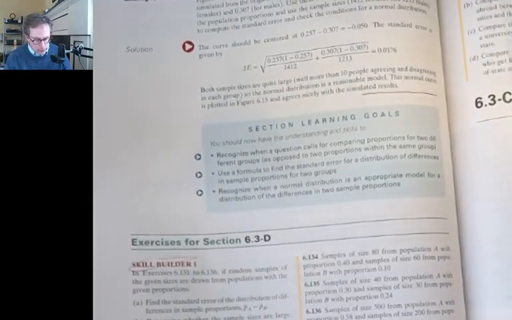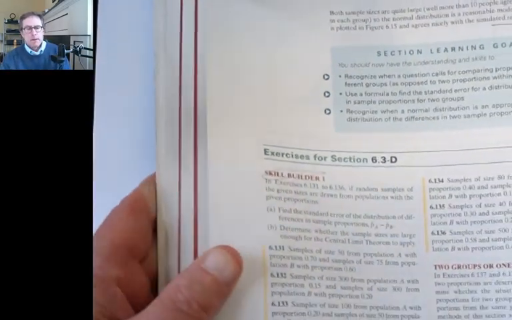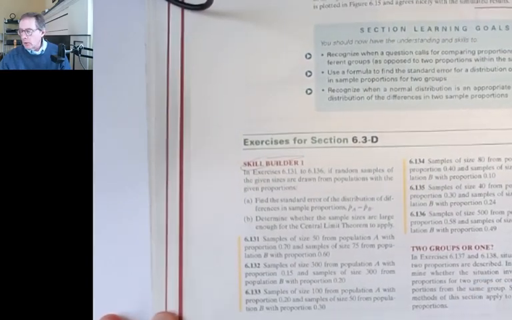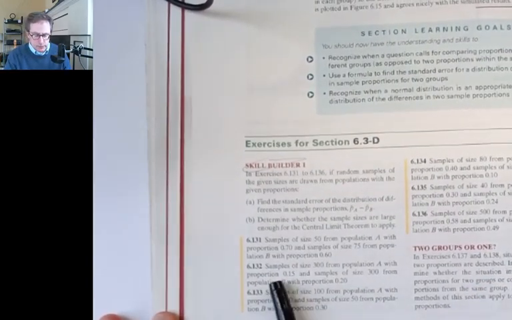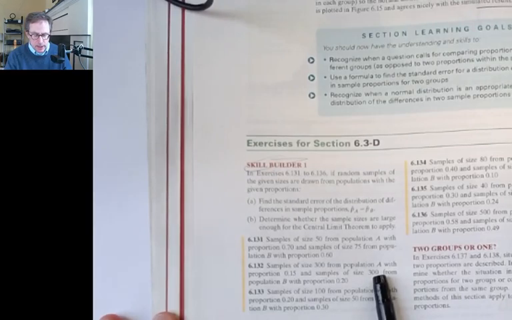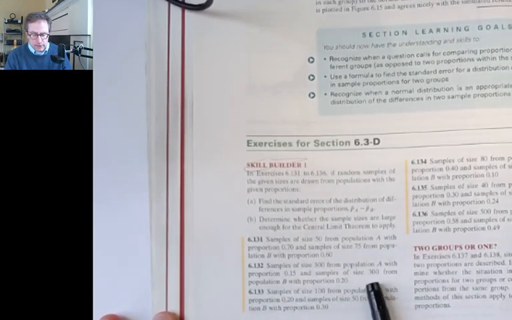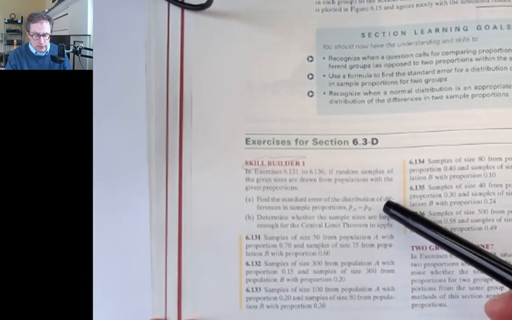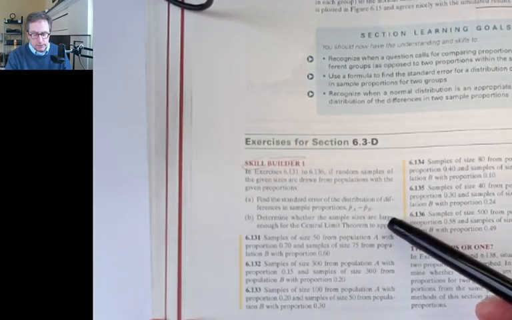What is it? 132 it says. I know it's hard to read on this camera. Can't get the camera to focus quite right, but it's not awful either. So 132 says, samples of size 300 from a population A with proportion 0.15, and samples of size 300 from a population B with proportion 0.20, and they want me to find the standard error and determine whether the sample sizes are large enough.